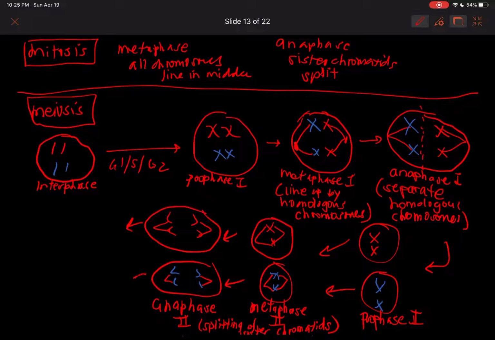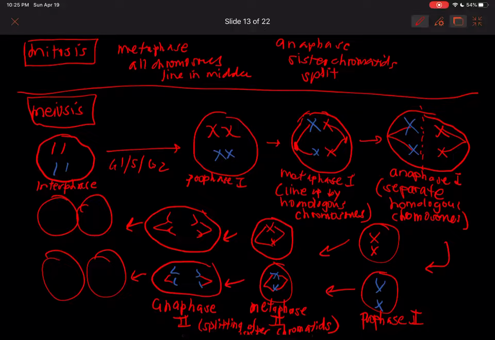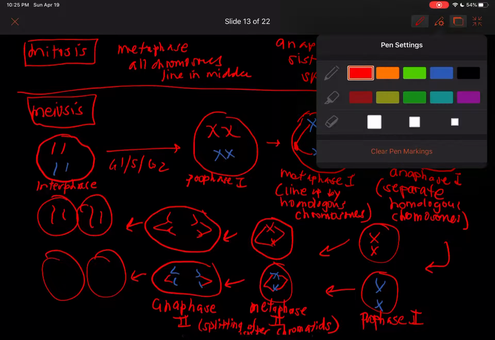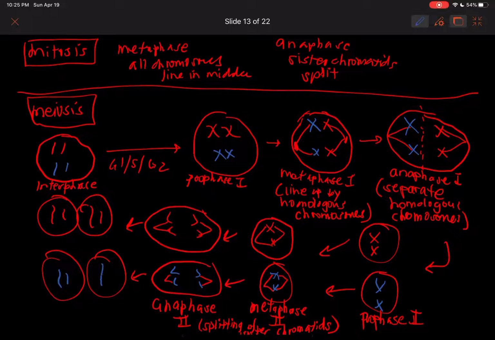Okay, and telophase and cytokinesis will create 4 daughter cells, one with only red chromosome, half the amount of chromosomes, and the other one have blue chromosomes. Okay, and you end up with half the amount, which is 23 chromosomes at the end.